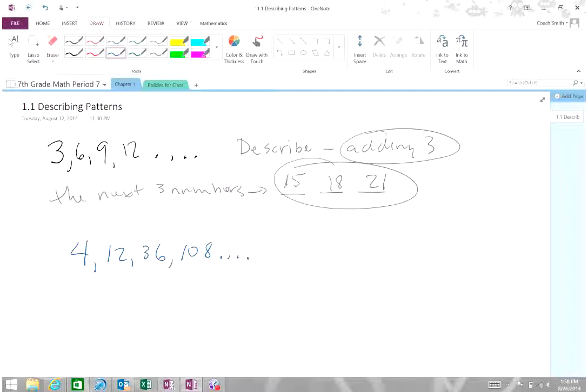All right. 4, 12, 36, 108. So we want to know what could we have done to go from 4 to 12? What's something we could have done to go from 4 to 12, Lily? Mathematically, that is. What would we have done to 4 to make it 12?